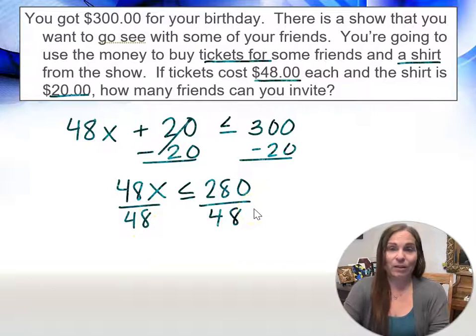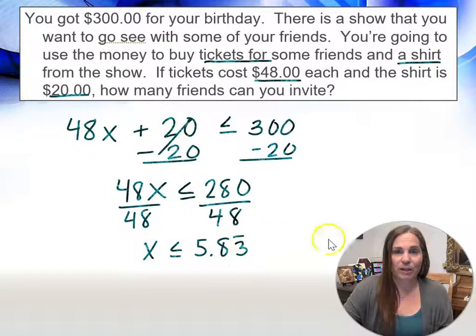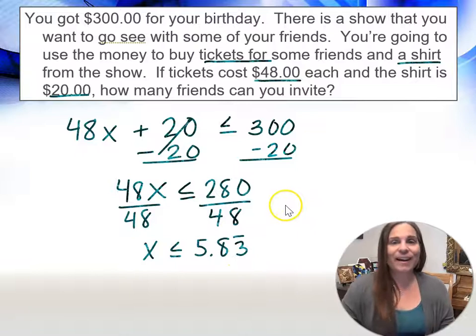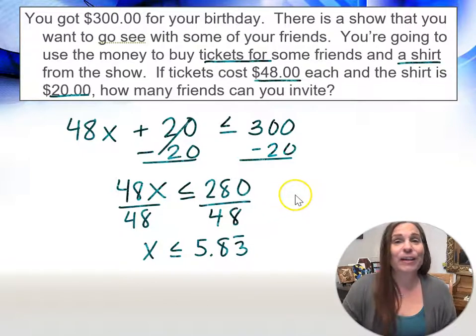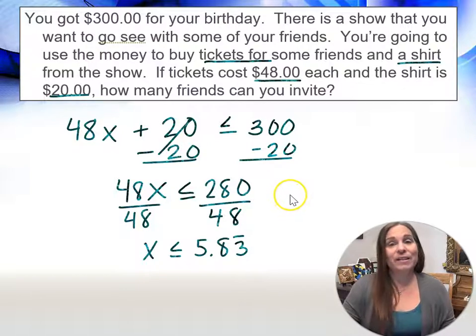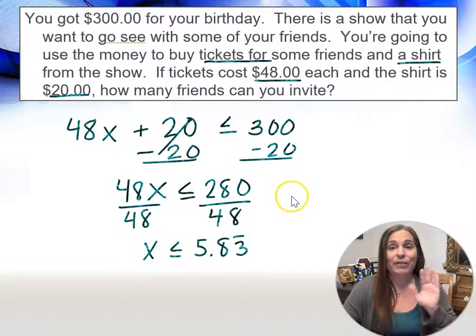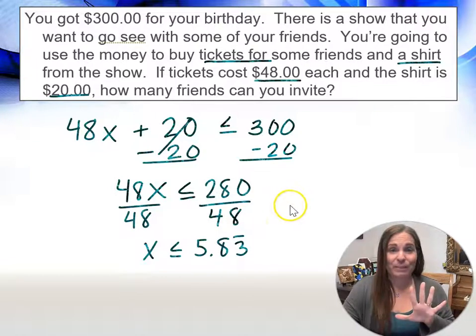And I'm going to do that on my calculator. 280 divided by 48. So x is less than or equal to 5.83 repeating. So again, obviously, can't have 5.83 repeating number of friends, right? So the maximum number of friends that I can invite would be 5, right? Because I have to stay less than or equal to 5.83 repeating.